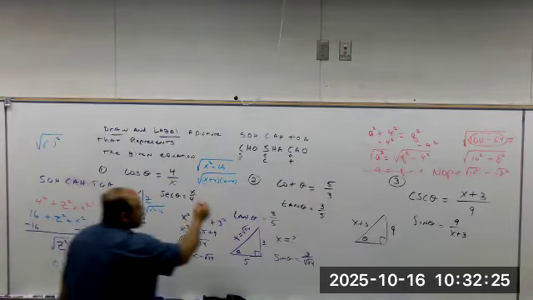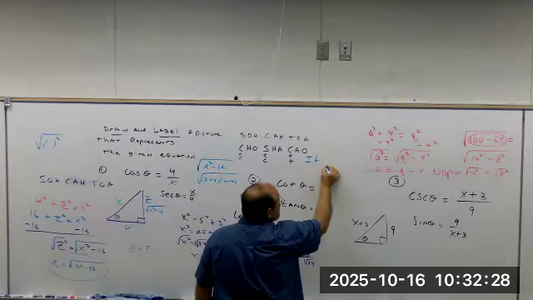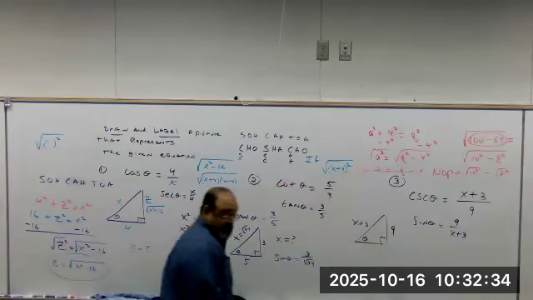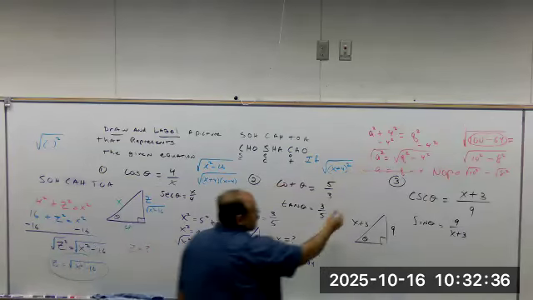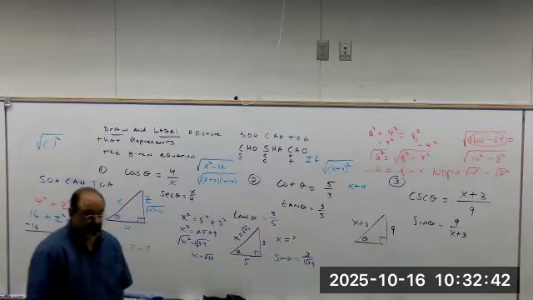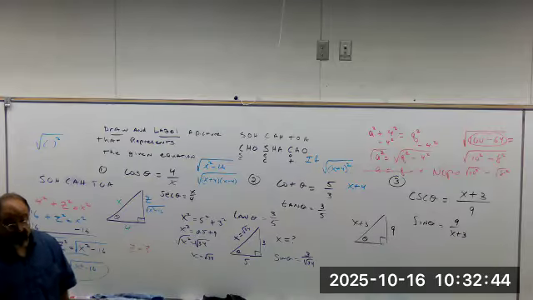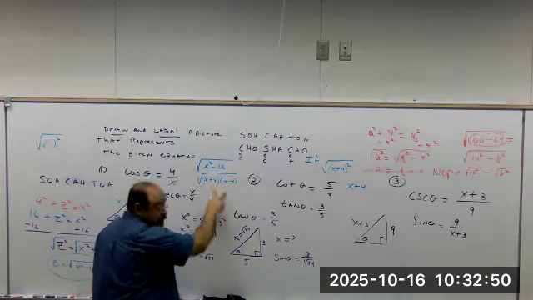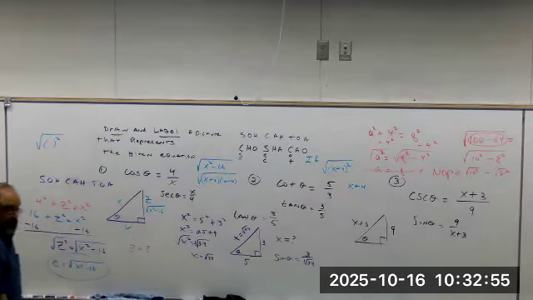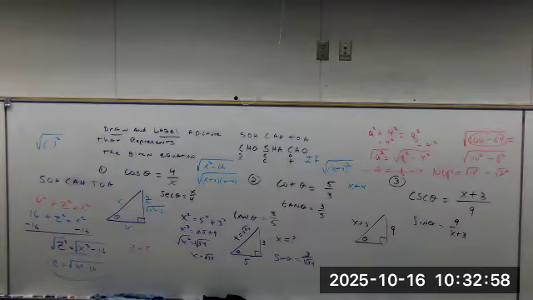If it was the square root of x plus 4 squared, a perfect square, then that's just x plus 4, because it's a square root of a perfect square. But this is not a perfect square. It's two different factors. So what can you do with it? That's it. You're done. And that's part of 5.6, and that's what you've got to get used to. That's what I'm doing right now.